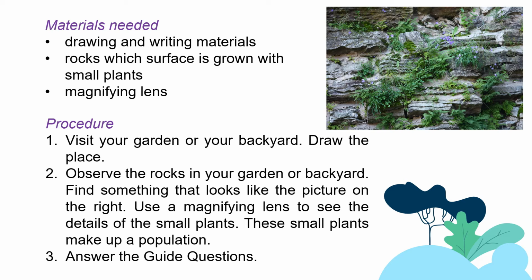Observe the rocks in your garden or backyard. Find something that looks like the picture on the right. Use a magnifying lens to see the details of the small plants. These small plants make up a population. 3. Answer the guide questions.